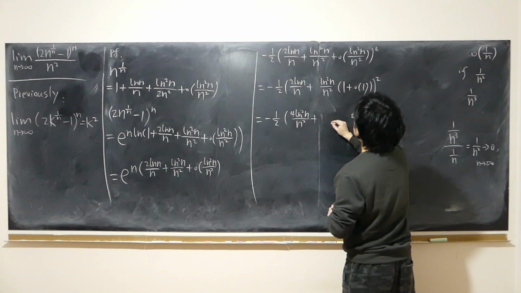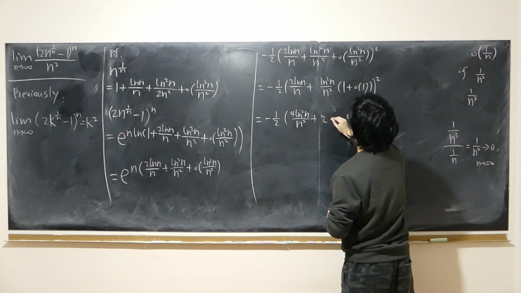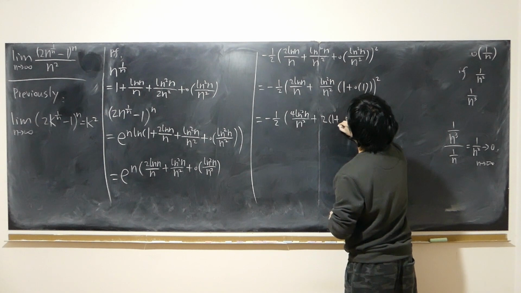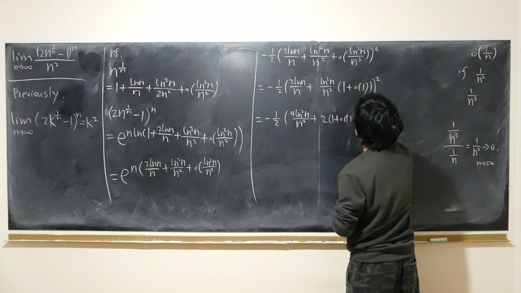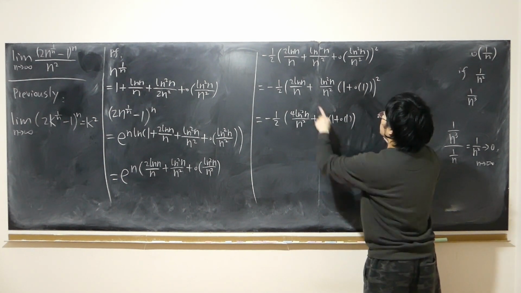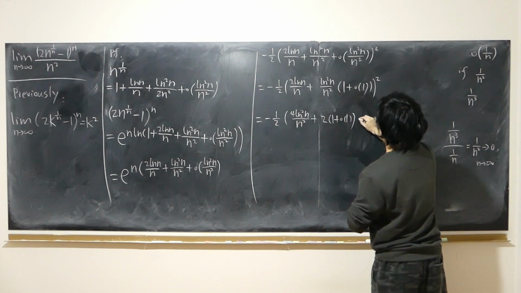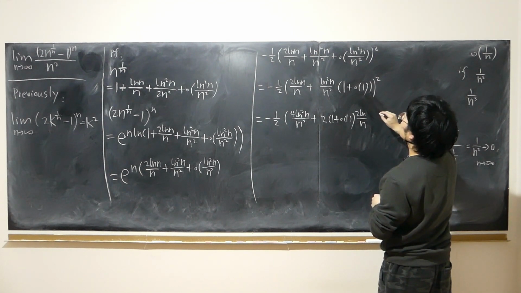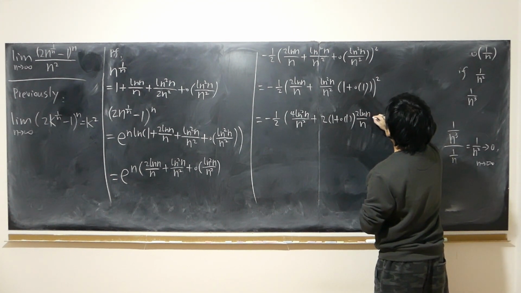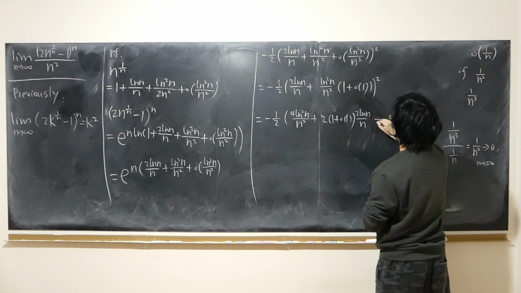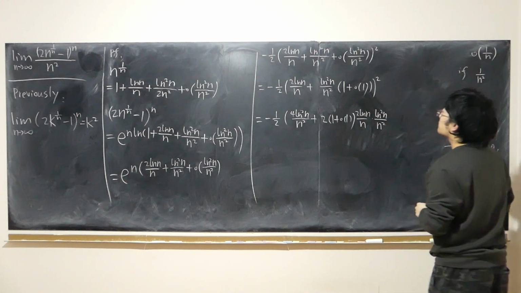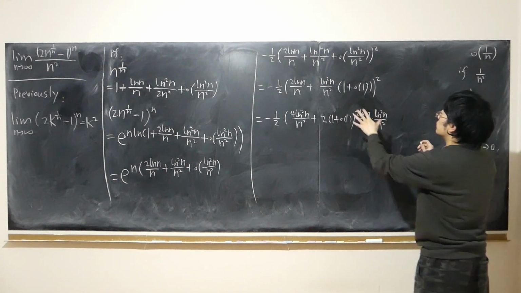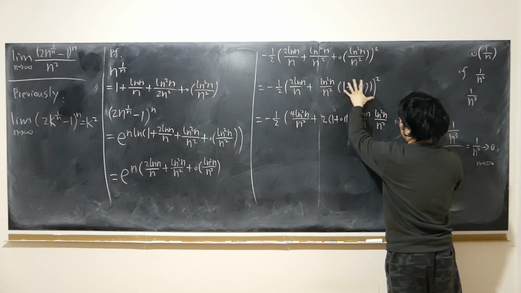We have twice of 1 plus little o of 1. Multiply this, multiply that. Right? Yes. Multiply this, multiply that. Now, we have to square this whole thing.